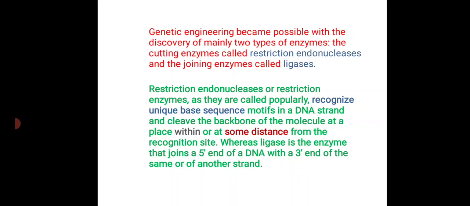Genetic engineering became possible with the discovery of mainly two types of enzymes: the cutting enzymes, called restriction endonucleases or restriction enzymes or the molecular scissors, and the joining enzymes, called ligase enzymes.